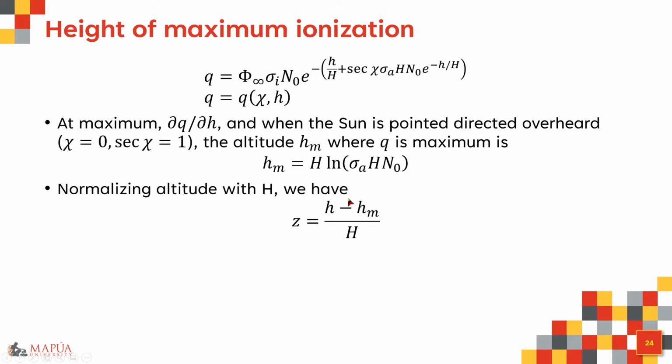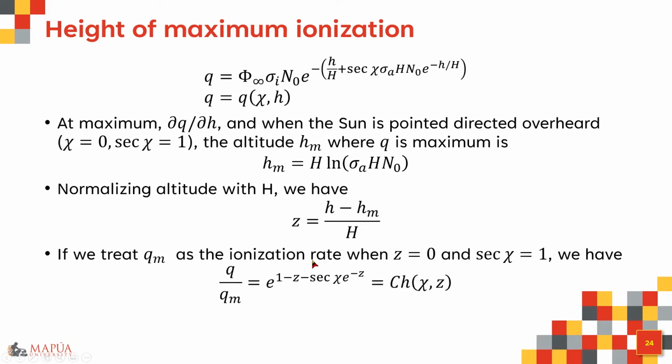Substituting this equation here and normalizing with the maximum ionization rate gives this equation. This function, e to the 1 minus z minus secant chi e to the negative z, is what we call the Chapman function. The Chapman function basically describes the shape, not the absolute value, of your ionization layer.